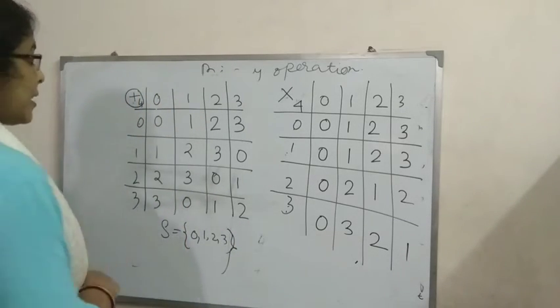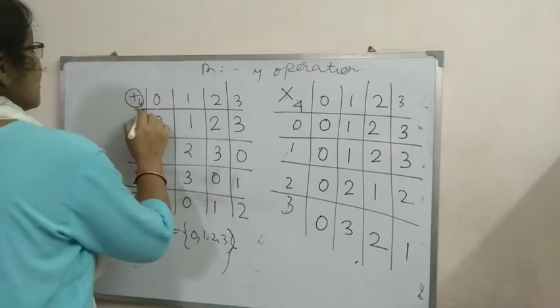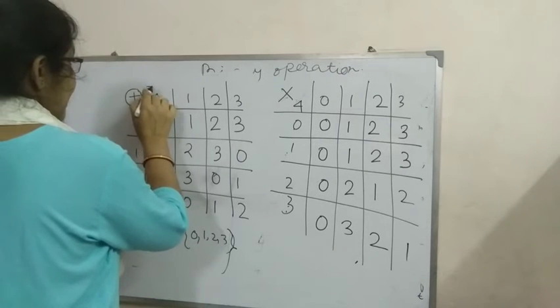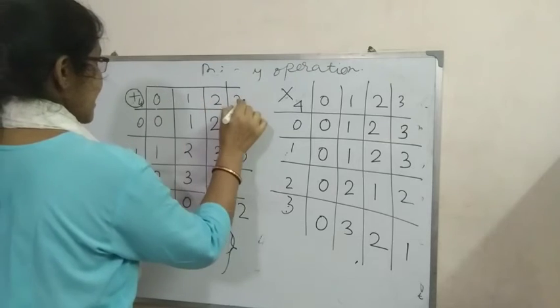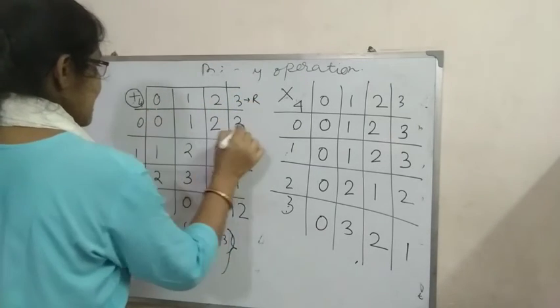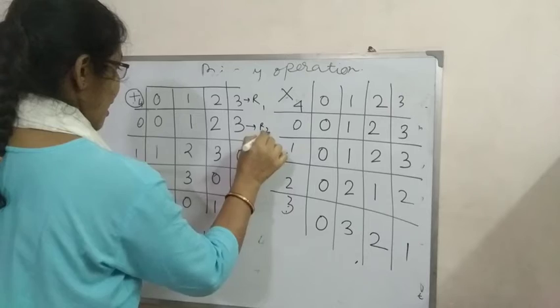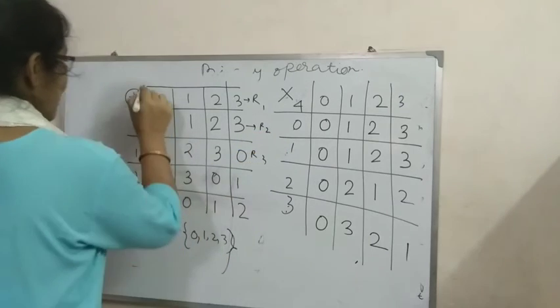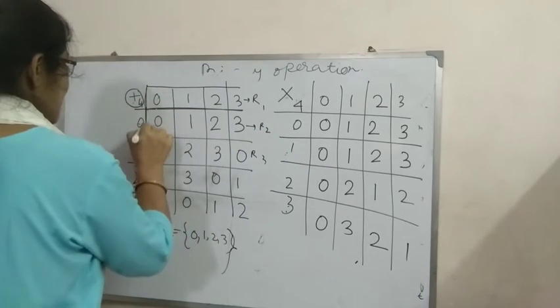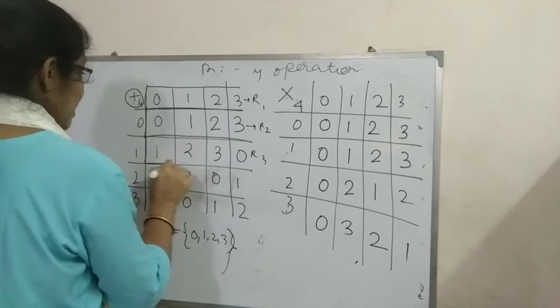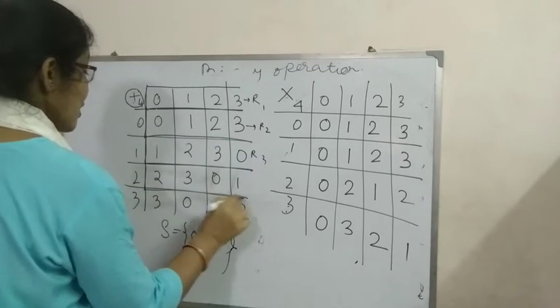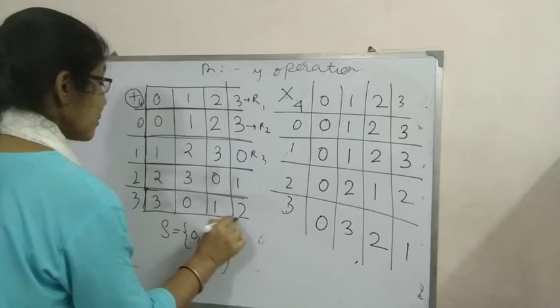I have seen that here this is row 1, this is row 2, this is row 3, this is row 4, this is row 5.